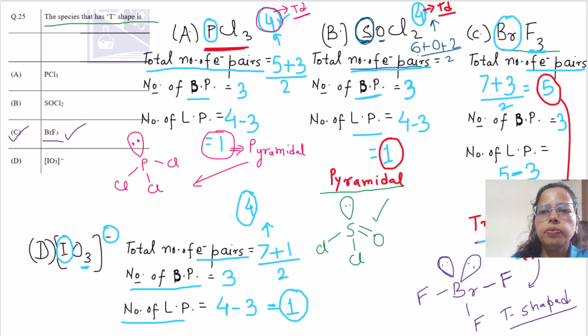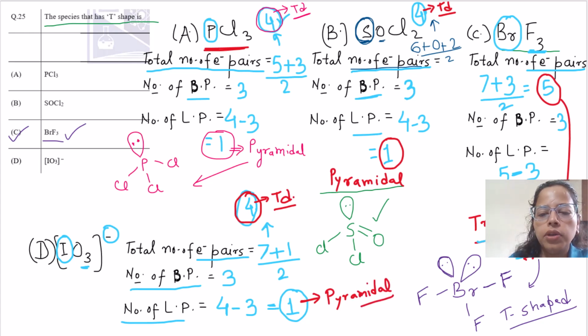Now when we have the total number of electron pairs equal to 4, then we very well know the parent geometry will be tetrahedral. But when we have a lone pair in this tetrahedral geometry, then it gets distorted to give us the trigonal pyramidal geometry.